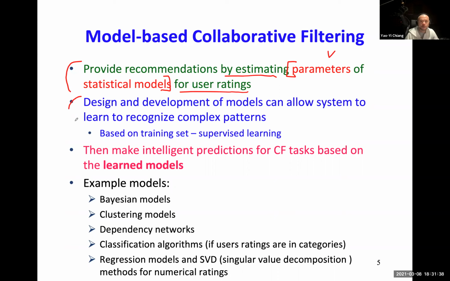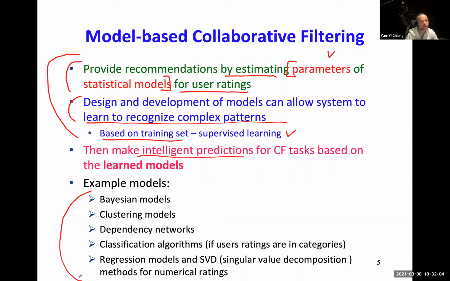Design and development of the models can allow your system to learn and recognize complex patterns, and it's usually based on some training data set, so this is supervised learning. Then once you are able to build this model, you will be able to take that model, based on the parameters, and make intelligent predictions. Many methods can be used, and we're going to cover a few of them today.